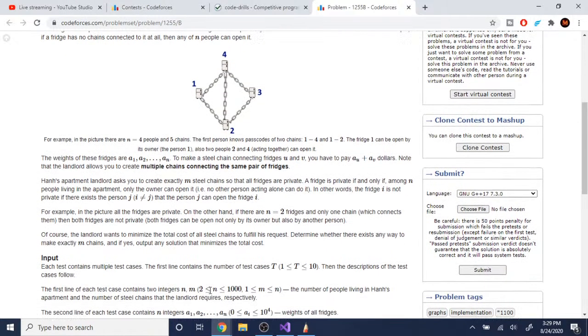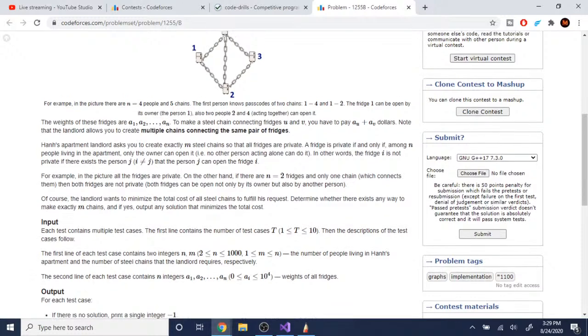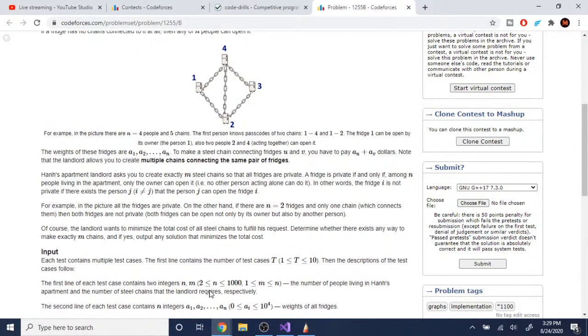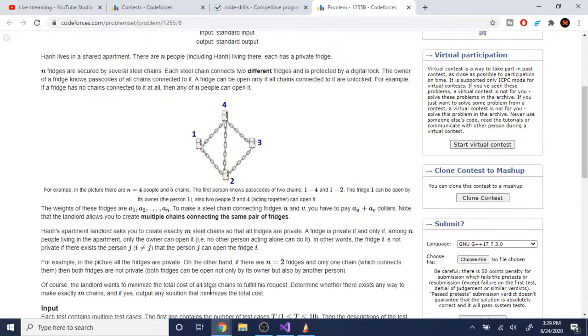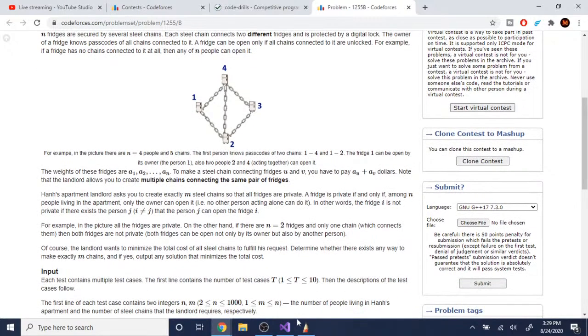So that's one thing, right? Let's see another thing. Only the owner of the fridge knows the passcodes of all the chains connected to it. So only the owner of the fridge has the passcode.